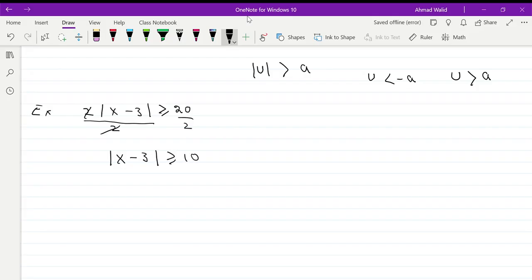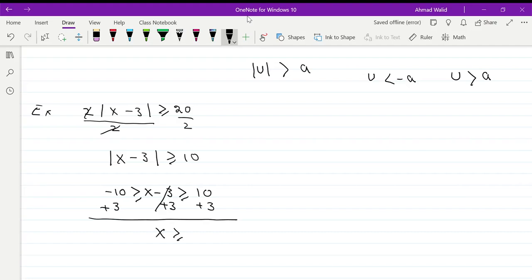Now remove the absolute value sign and solve. X minus 3, copy the symbol, greater than or equal to, less than or equal to, on this side 10, on this side negative 10. Now add 3 to all sides. These two cancel out. X greater than or equal to 13, less than or equal to negative 7.